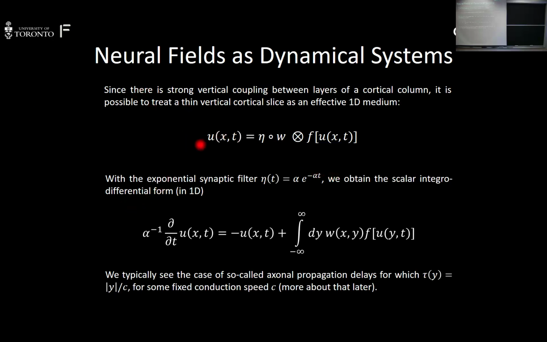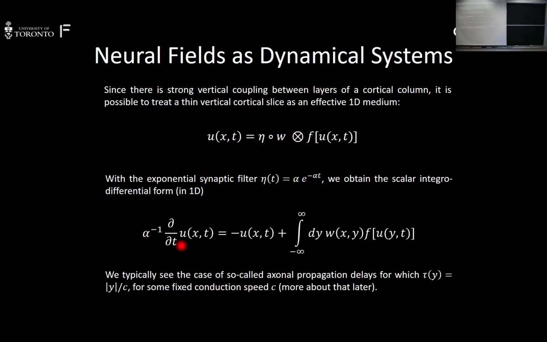We've got activity at space and time. It's going to be some spatiotemporal convolution of activity somewhere else at space and time. Okay, exponential synaptic filter. So then for this, there's an integro-differential equation corresponding to this convolution expression.